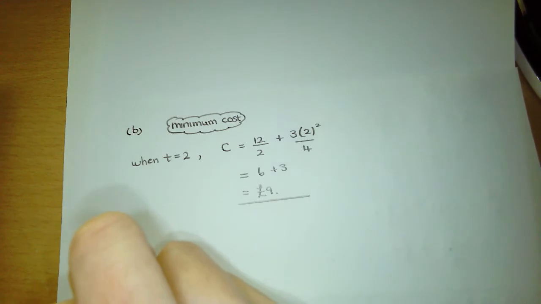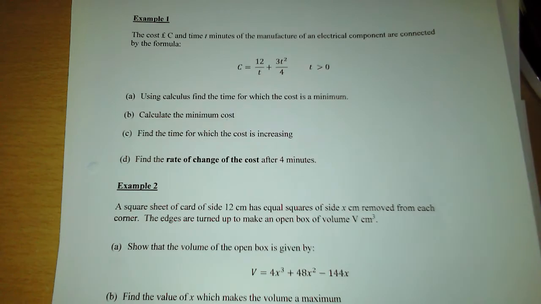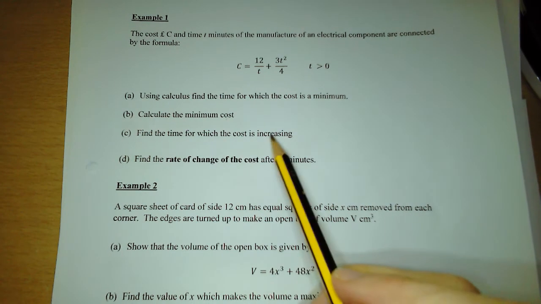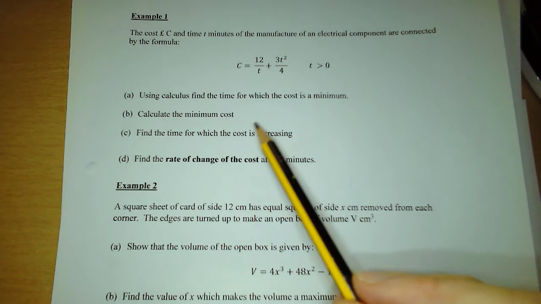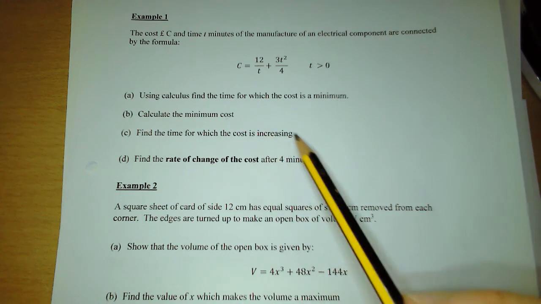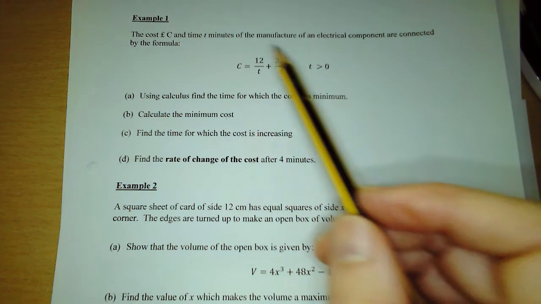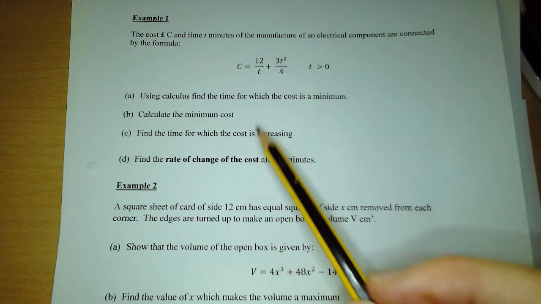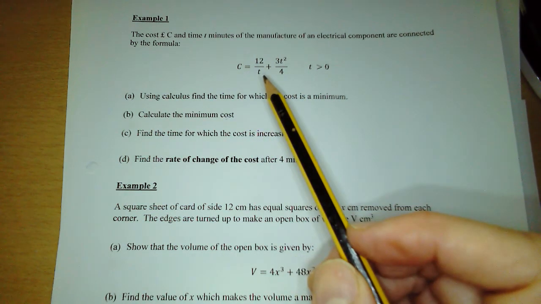Okay, let's look at part C. So part C says, find the time for which the cost is increasing. Now this is the little topic we did in the previous lesson. To get where a curve, because essentially this is the equation of a curve, is increasing, we set the first derivative bigger than 0.